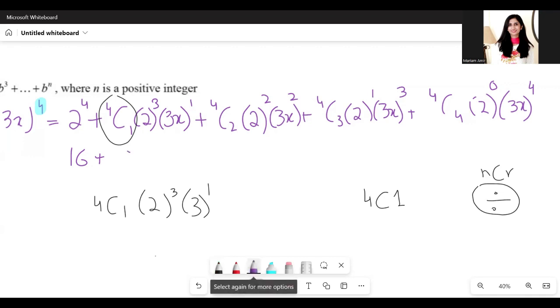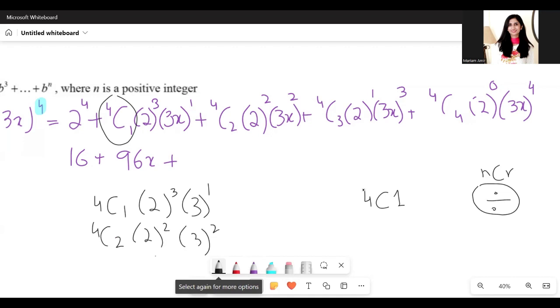Plus 96x plus, now enter 4C2 in the calculator, times 2 squared and 3 squared. That's going to be 4C2 times 2 squared times 3 squared. That comes out to be 216.